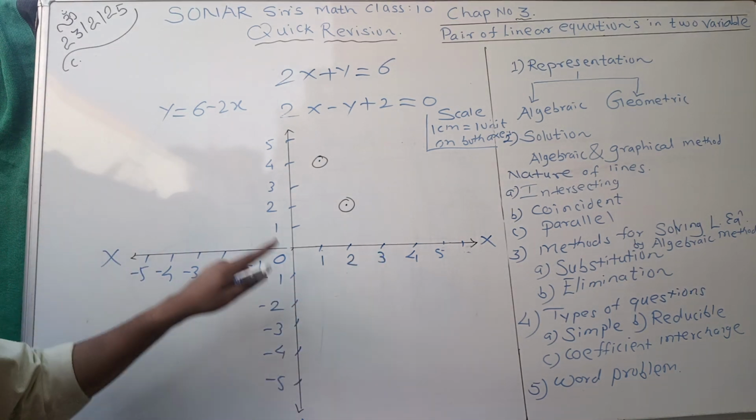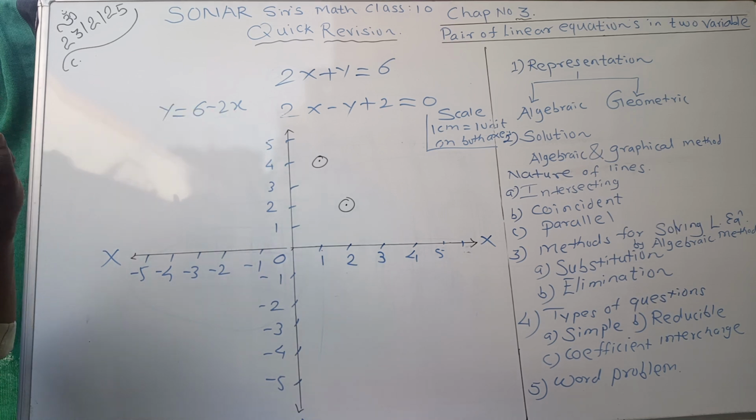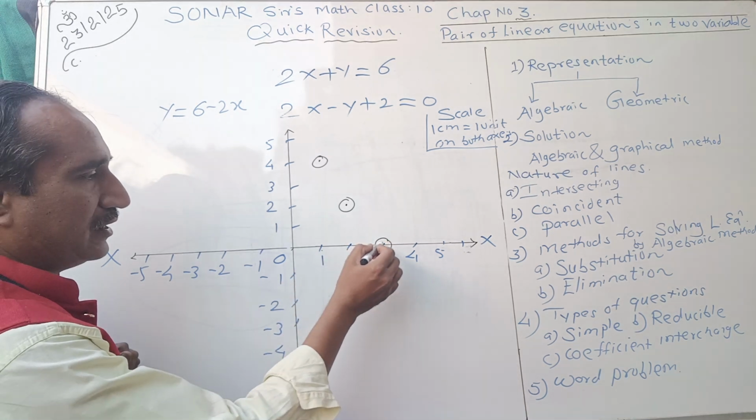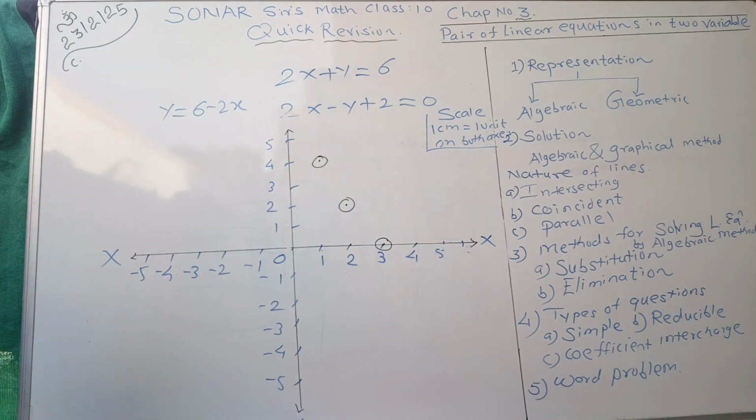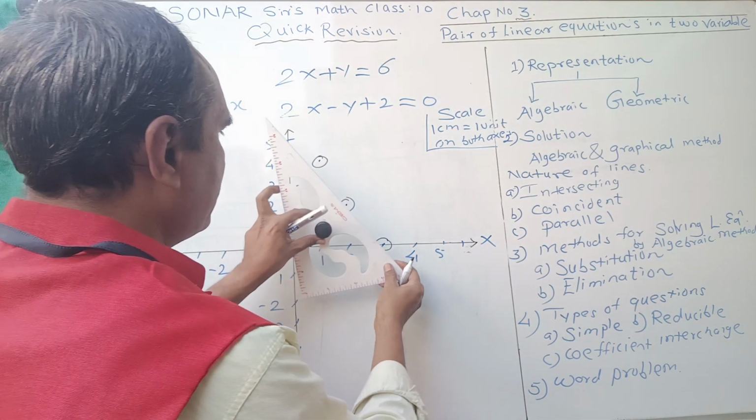Then we have taken x equals to 3. 2 threes are 6, 6 minus 6, that is 0. So (3, 0), that is on the x-axis. And we'll join these points by a straight line.